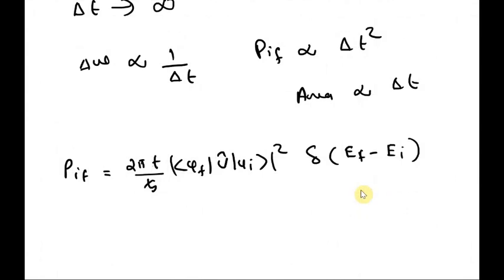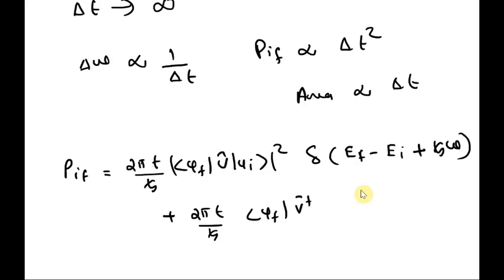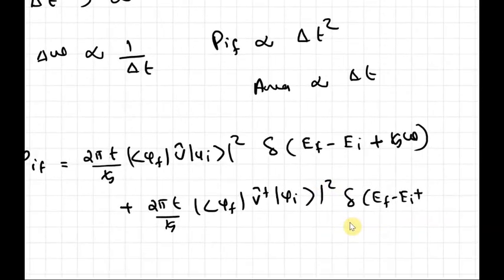Okay, in this case, I put the correction. I will be having an h cross omega along with that. Plus, you have another term, 2 pi t by h cross, psi f V dagger psi i square of it, delta of E_f minus E_i minus h cross omega.